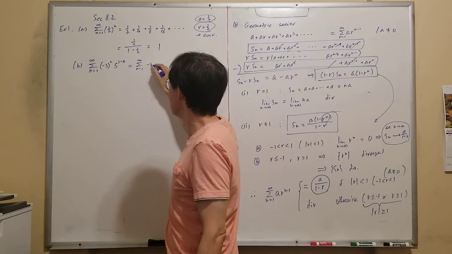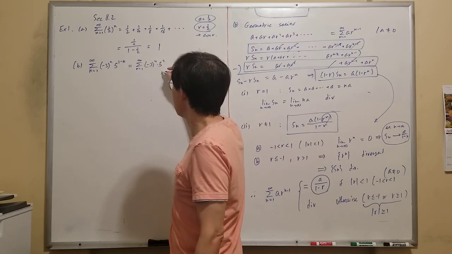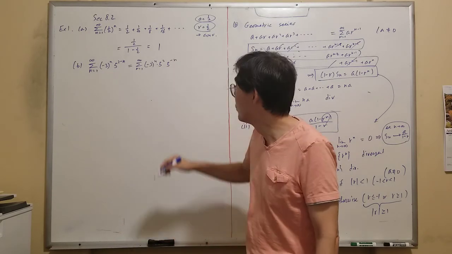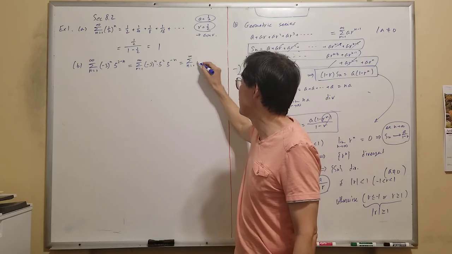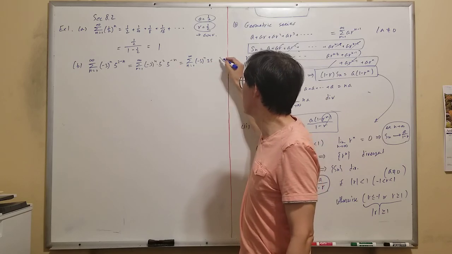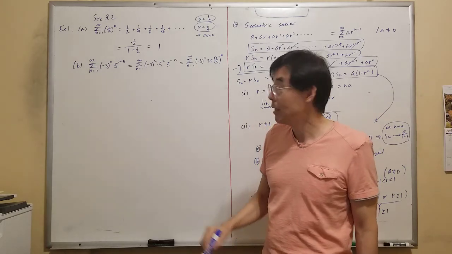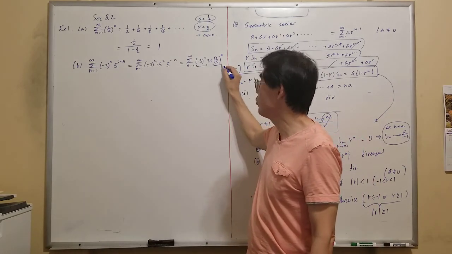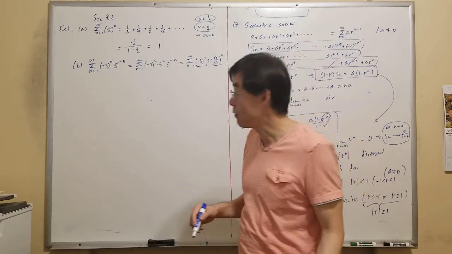This is -3 to the nth times 5 squared times 5 to the negative n, which in turn can be written as -3 to the nth times 25 times 1 over 5 to the nth. And then I can combine these. I just want to make it some base to the nth power, an exponential function.